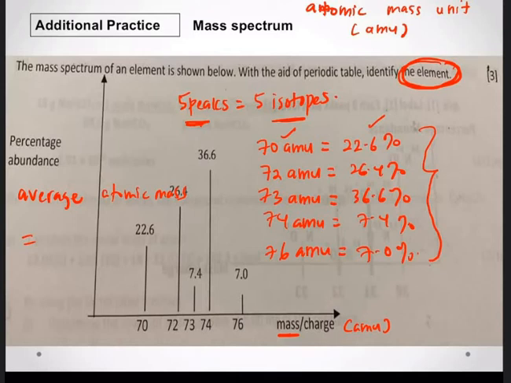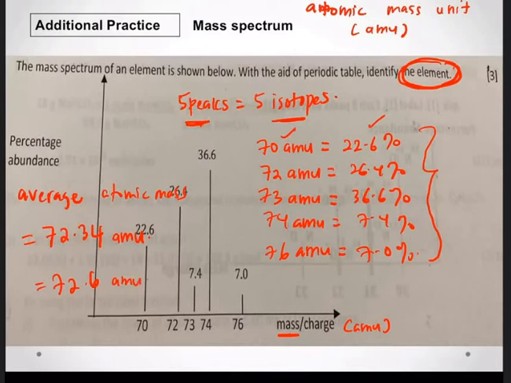Madam, is the answer 72.342? 72.342. Yeah. Okay, how about the rest? You got the same answer? I got 72.634. Yes, I got the same as Arif. Madam, 72.634.